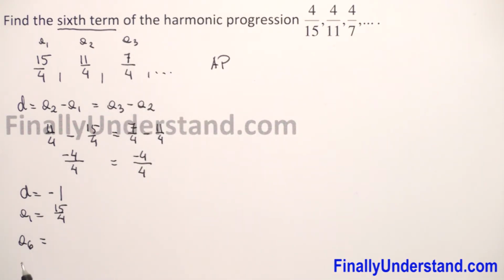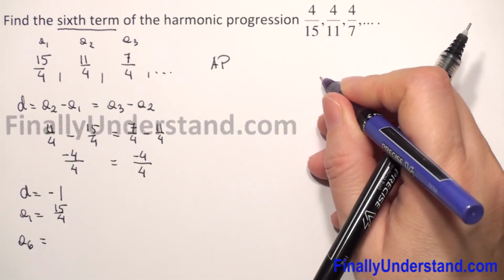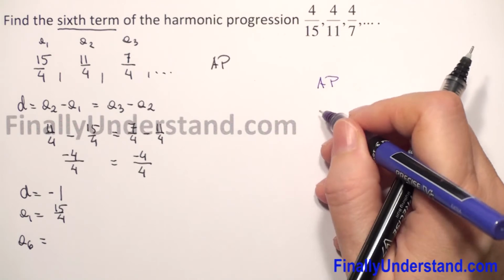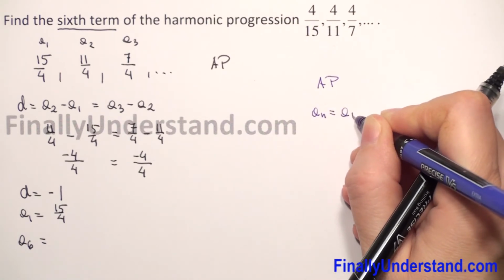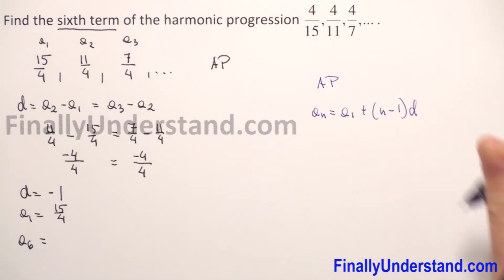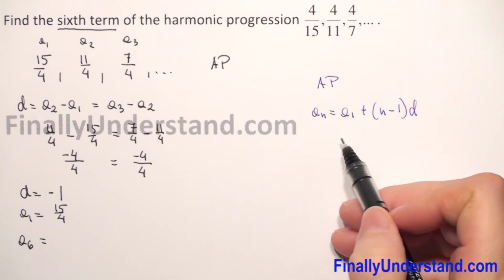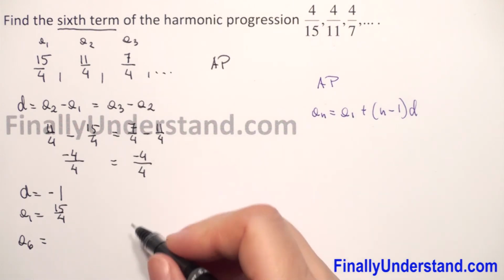So how do we find the sixth term of the arithmetic progression? We will use the formula for the nth term of an arithmetic progression. When we have an arithmetic progression, the nth term an is the first term plus n minus 1 times d, the common difference. In this example, n is equal to 6.